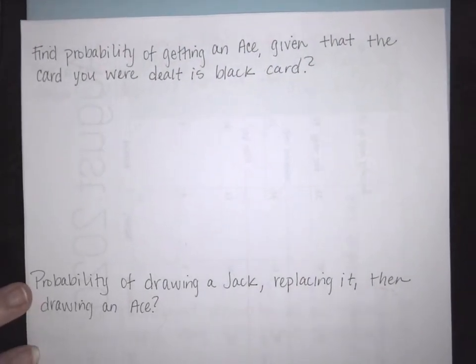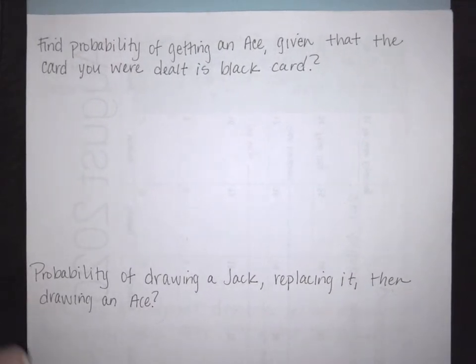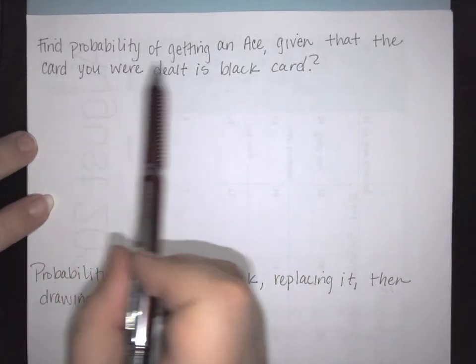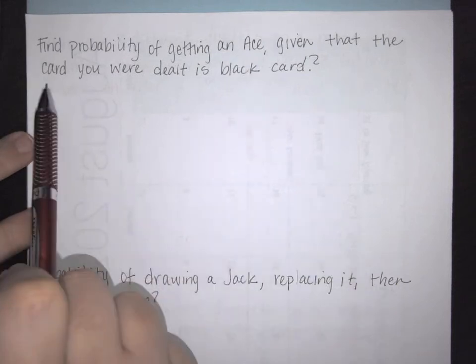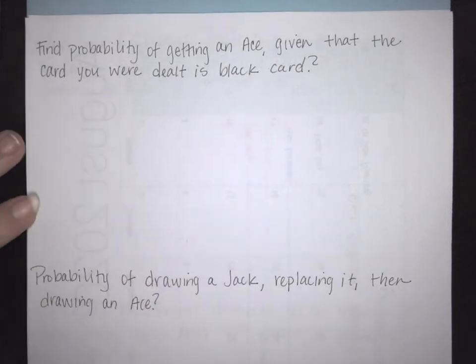All right, let's look more at the multiplication rules of probability. Here I want to find the probability of getting an ace, given that the card you were dealt is a black card.